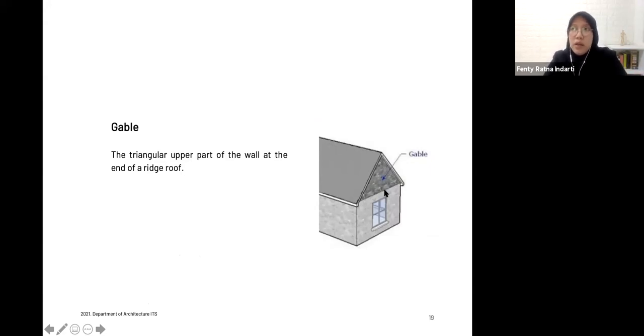But if you visit Central Java, at least Madiun, which is near Central Java, you can find that the top of it is using wood, the same material as the roof itself. It can be anything, but when you have an area like this and it's not pitch or roof, then it's called gable.